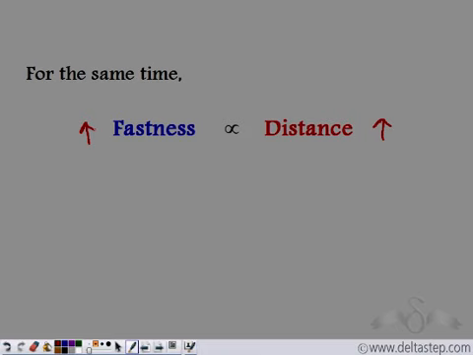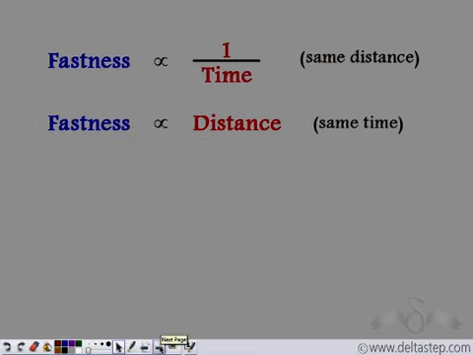So we have got these two proportionalities. First one, fastness is proportional to 1 by time. That is, fastness is inversely related to time for the same distance. Second one, fastness is directly proportional to distance traveled for the same time.